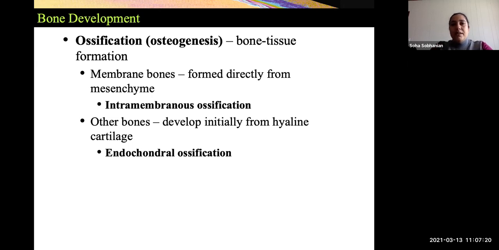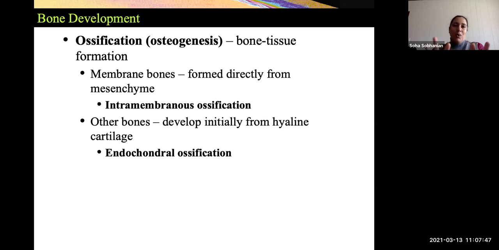Okay, a couple of things about your bone development, and then that's the last thing that we're going to do. Bone development happens through a process called ossification or osteogenesis. Osteogenesis or ossification literally means you're forming bone tissue. There are two mechanisms that your body uses to form your bone.